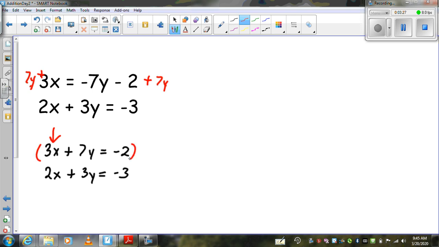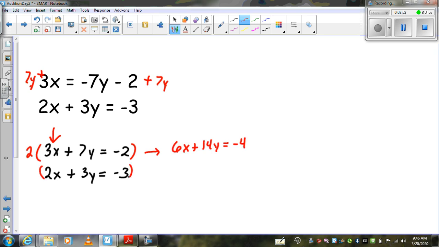So I think I'm going to go for 6. It's an easy number to work with. Which means if I want to make this a positive 6x, I'm going to have to multiply this by 2. And therefore, this equation becomes 6x plus 14y is equal to negative 4.